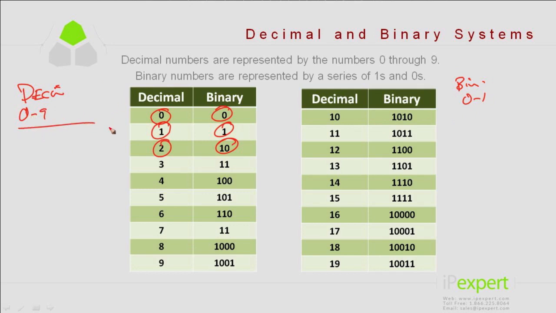Now, if I want to start counting, imagine, I used to do this when I was a kid, imagine you're watching your dad's odometer in his car. As this digit, or this space in the odometer, changes as we travel further, it goes to 3, then 4, then 5, then 6.